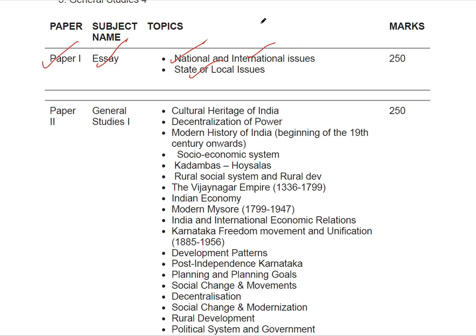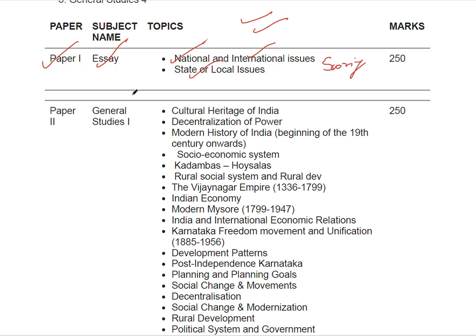Or else a question can come: what are the solutions to the air pollution problems in India, why have we still not resolved that issue, and so on. Any topic can be given. You have to be prepared to write the essay for 250 marks. This is, trust me, a very scoring part, because one topic will be given and you just have to write an essay.